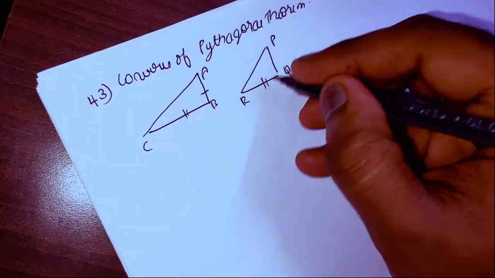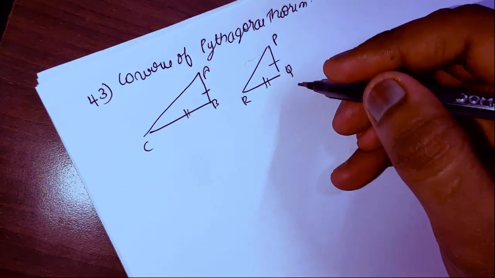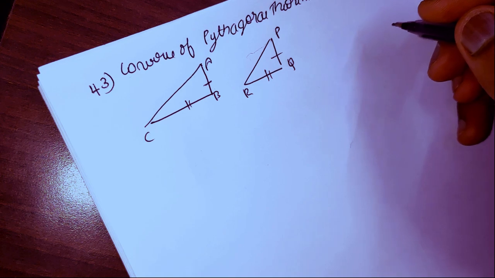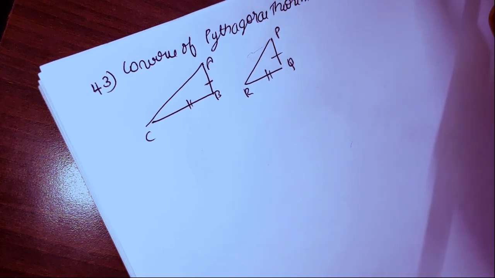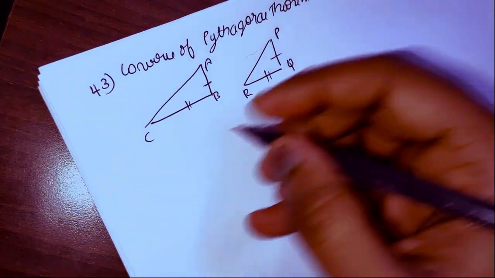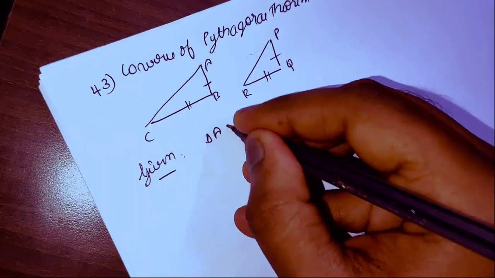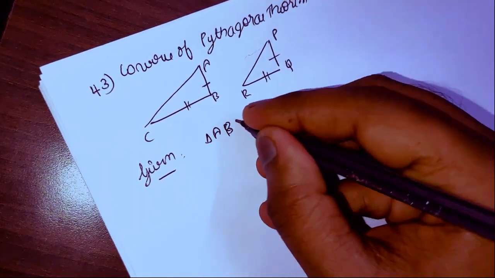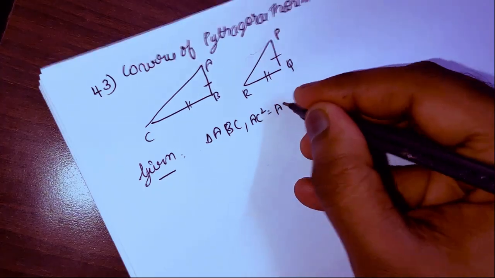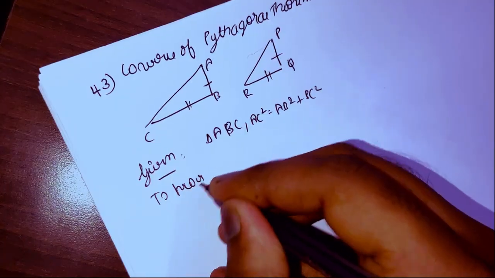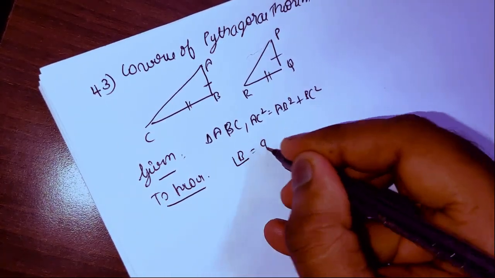The converse of Pythagoras states that in a triangle, if the square of one side is equal to the sum of the squares of the other two sides, then the angle opposite to the first side is a right angle. So we will write given: triangle ABC, AC square is equal to AB square plus BC square. To prove: angle B is 90 degree.